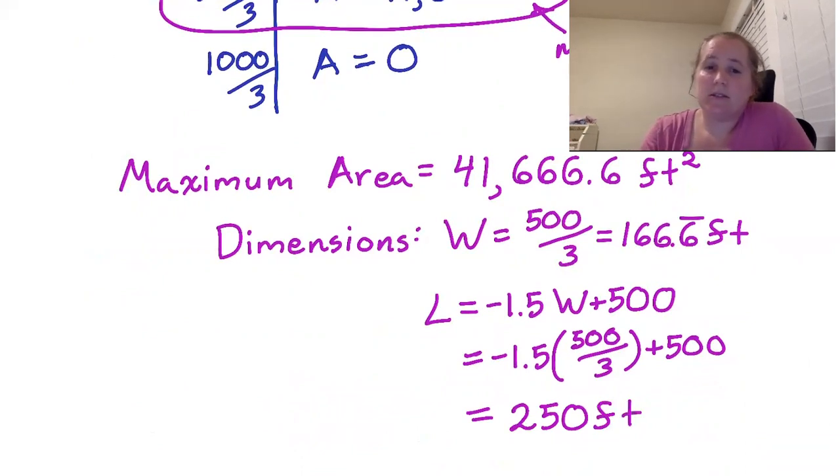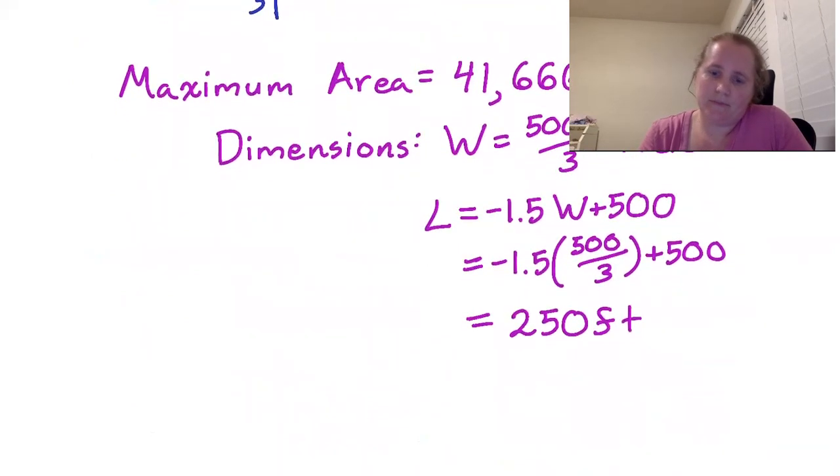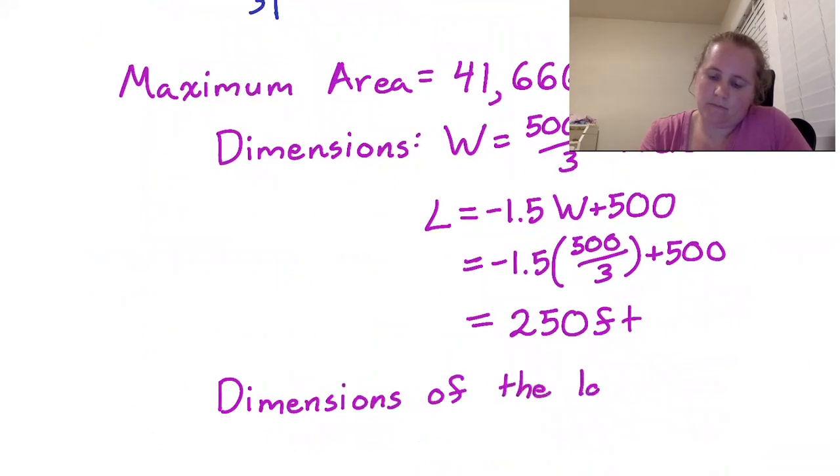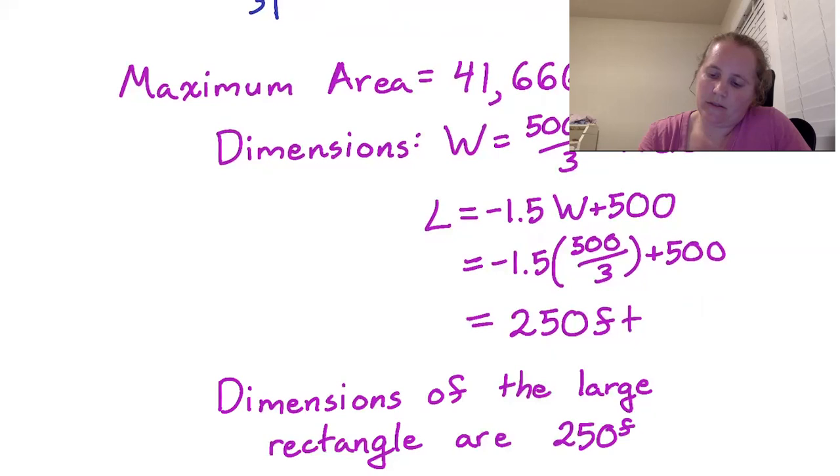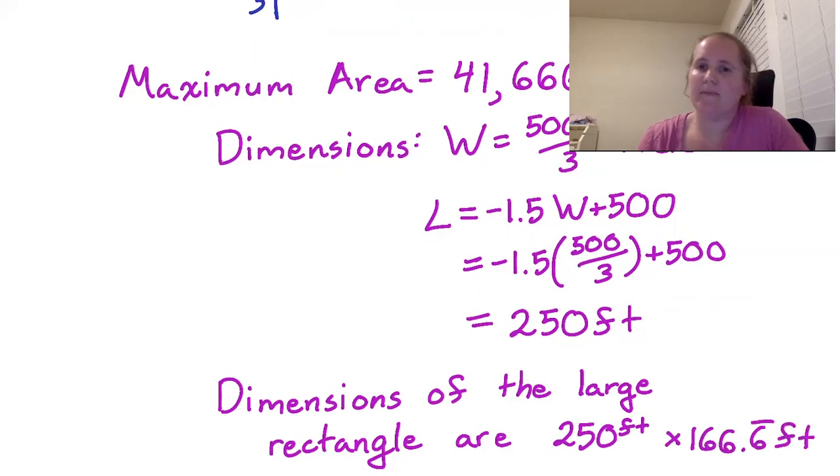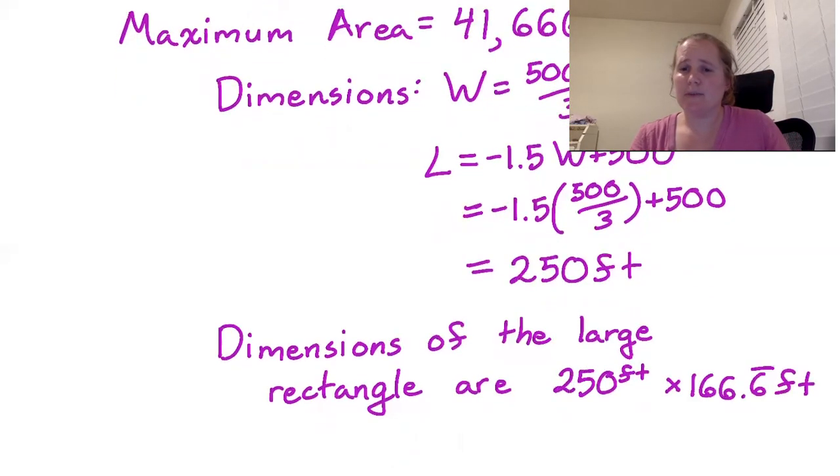So the dimensions of the large rectangle are 250 feet by 166.6 repeating feet.